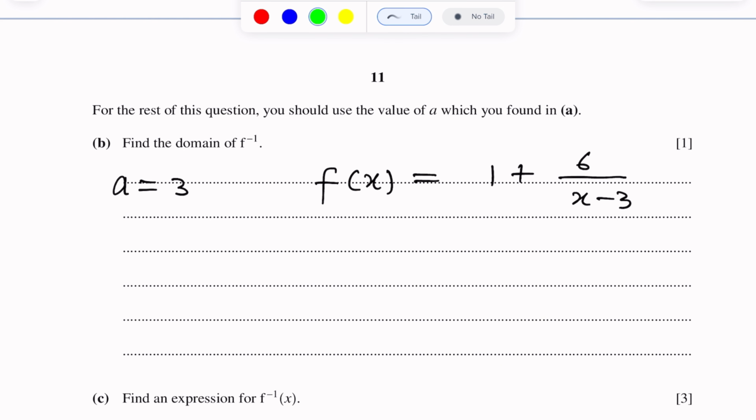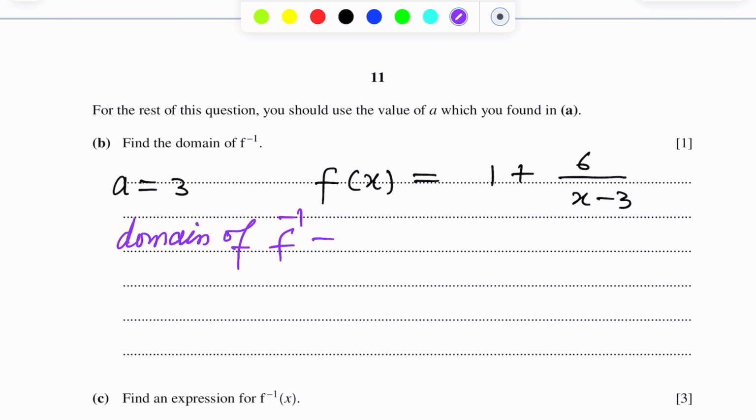The domain of f inverse will be equal to the range of the function. Domain of f inverse is equal to range of f(x).